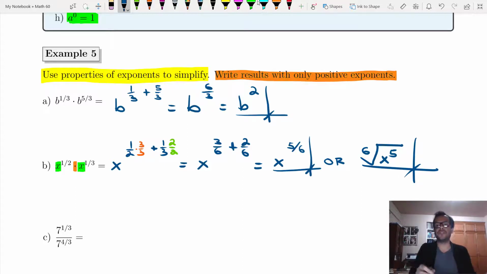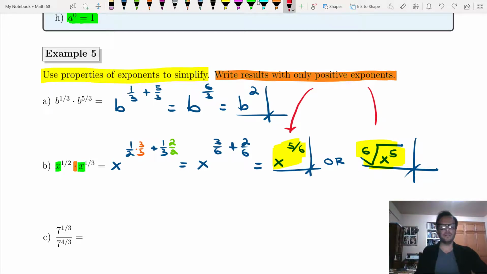So either one. Whether to input this or that answer on your MyMathLab account will depend on the instructions. If they ask you to write the result only with positive exponents, then this is your way to go. Otherwise, if it asks you to write using radical notation, then you will use the other version.